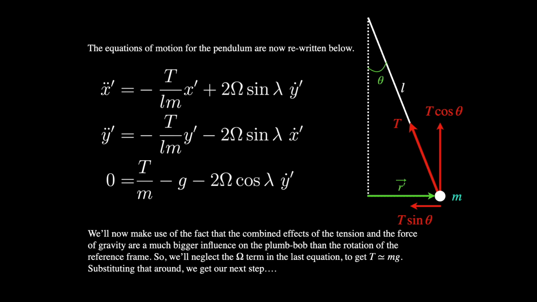We're going to note that the tension and the force of gravity are a much larger influence in general on a plumb bob. Therefore, in the last equation, we're going to neglect the omega term, and we're going to get that the tension is approximately equal to mass times gravity.